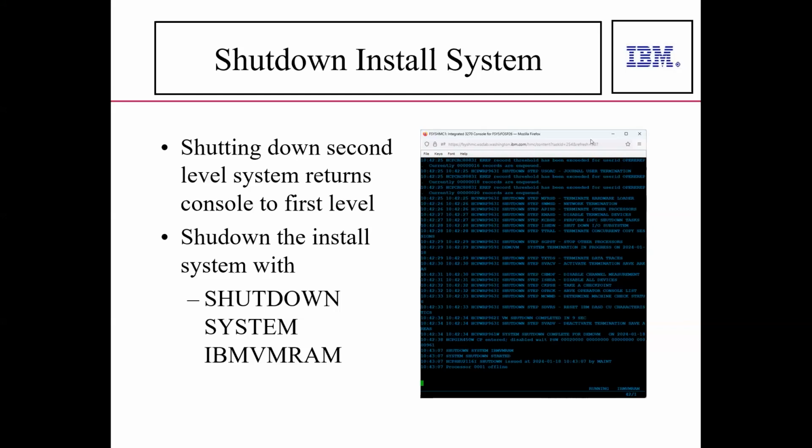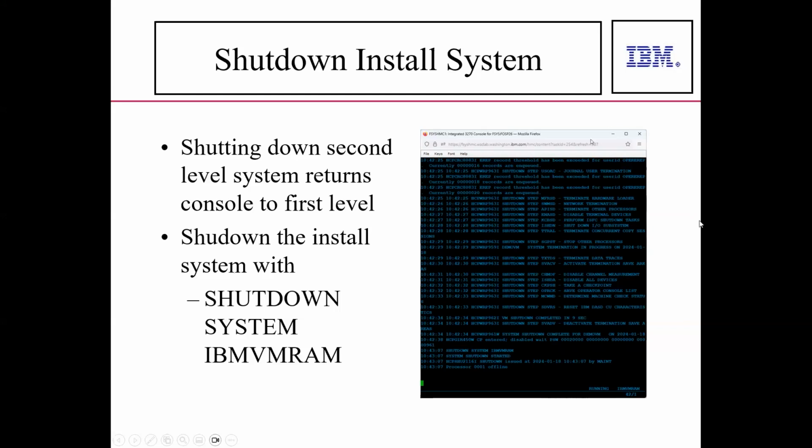Since I don't have anything else customized on this VM system yet, my only means of access to this VM system is through this integrated 3270. And that is a very clumsy interface. As you can see, it's just not very nice to use.